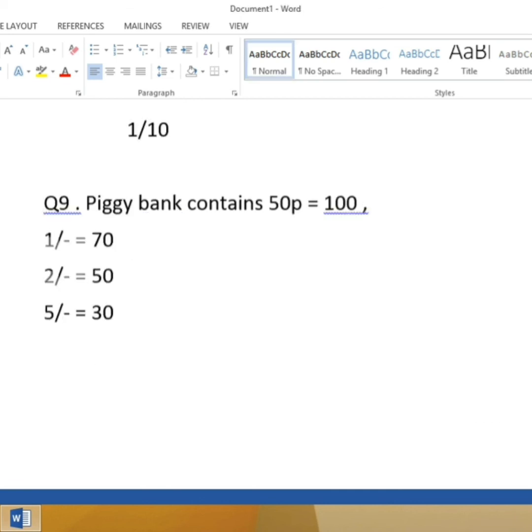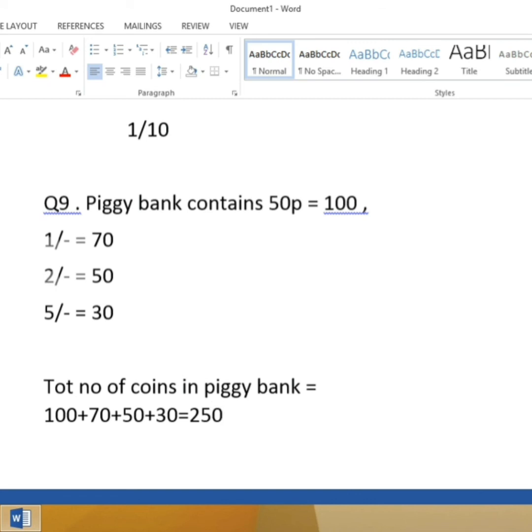Next question 9. In a piggy bank we have 100 50 paise coins, 70 1 rupee coins, 50 2 rupee coins, and 30 5 rupee coins. For the total coins in the piggy bank, we need to add all those counts. 100 plus 70 plus 50 plus 30, that's going to be 250.